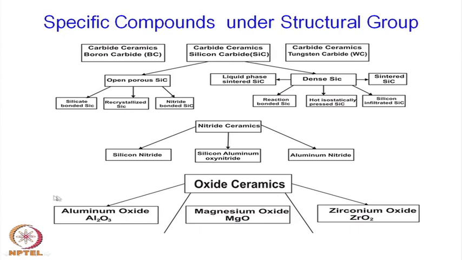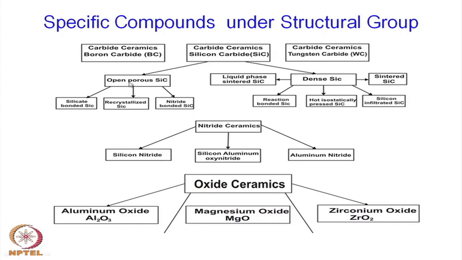Okay. So, once you get them from the natural sources, it needs different kinds of purification techniques, mostly chemical purification and mineral dressing. Mineral dressing followed by chemical purification is the normal technique by which you can get these raw materials from nature. However, there are a host of other compounds used in structural ceramics.